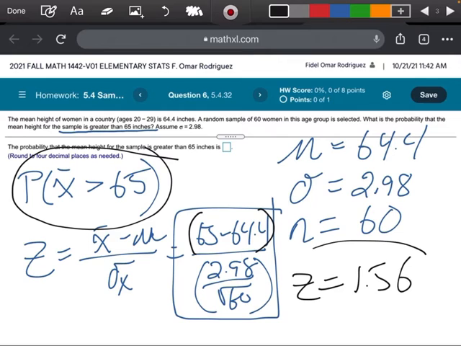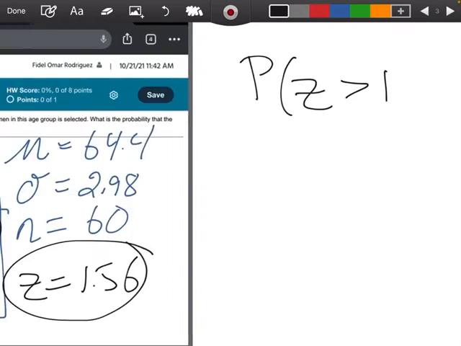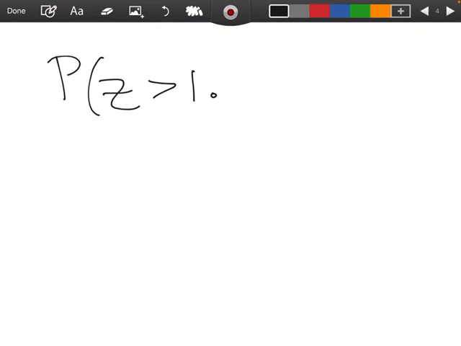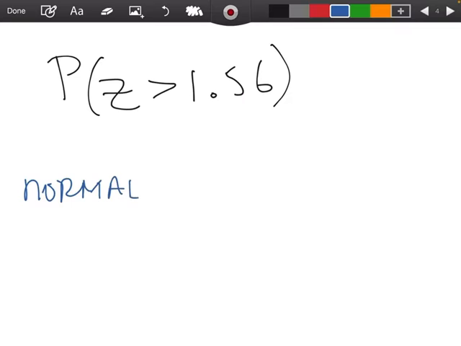So what I'm going to do now is replace this using my z-score. I'm going to say the probability is z is greater than 1.56. I'm going to do this part on my calculator as well, using normal CDF.